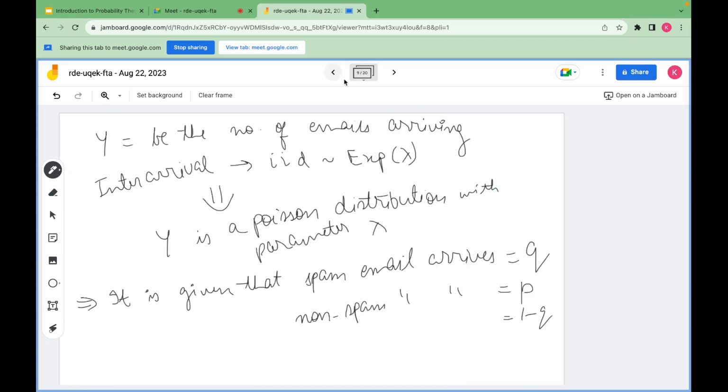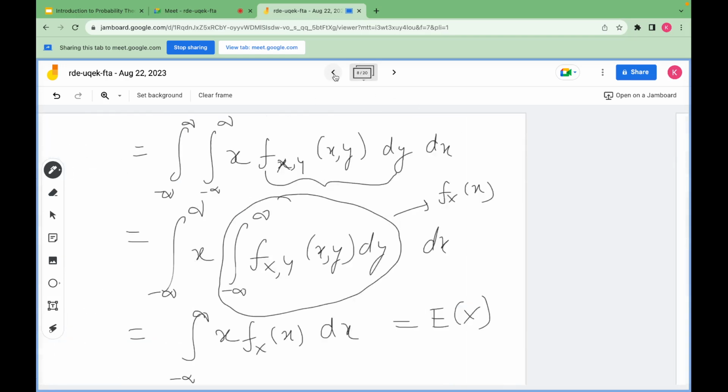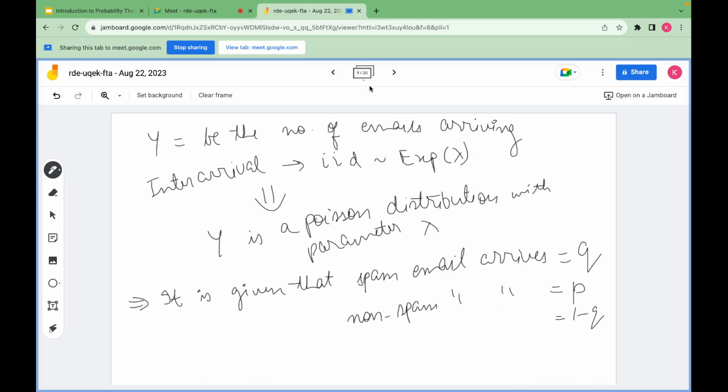Let's take this as n. This is the number of emails arrived in a given time period, so this follows the Poisson distribution.